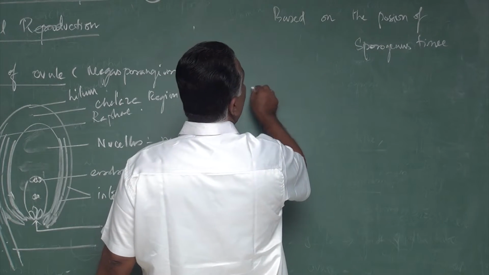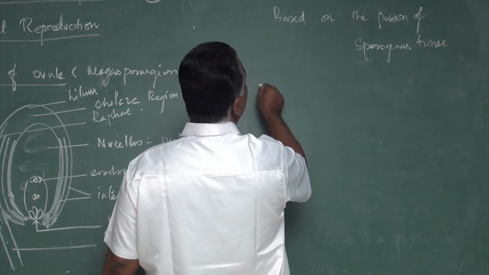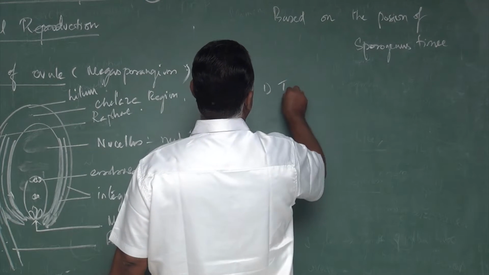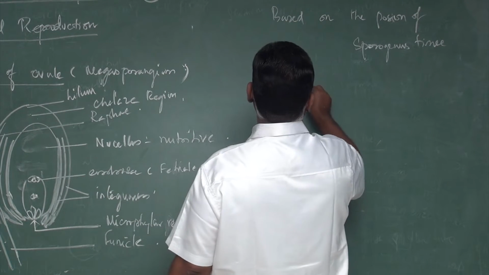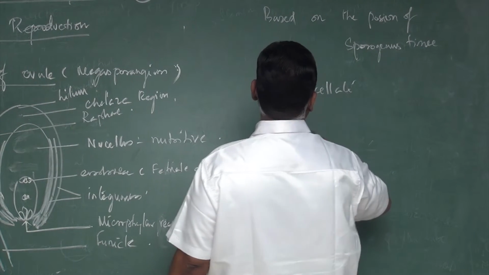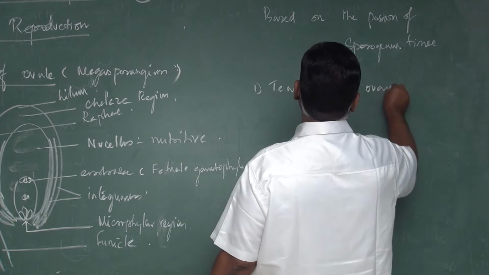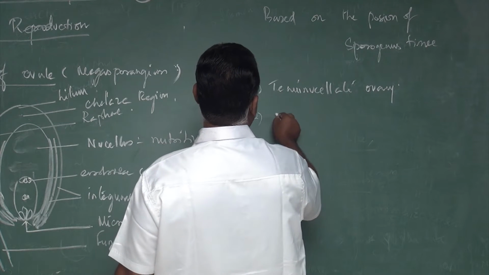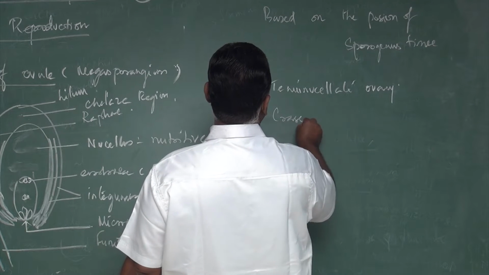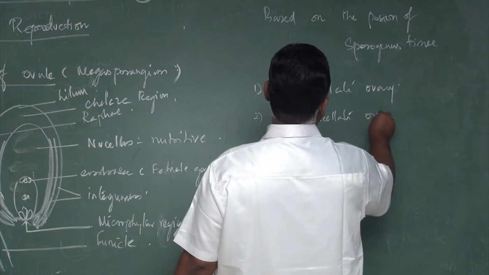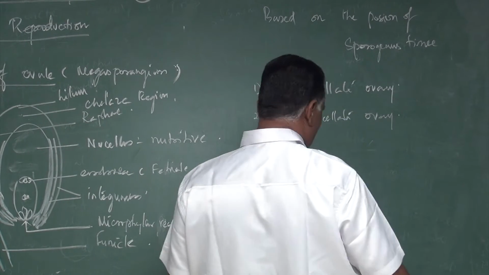The ovule can be divided into two types. One is tenuinucellate ovule. Another one is crassinucellate ovule. What is tenuinucellate ovule?